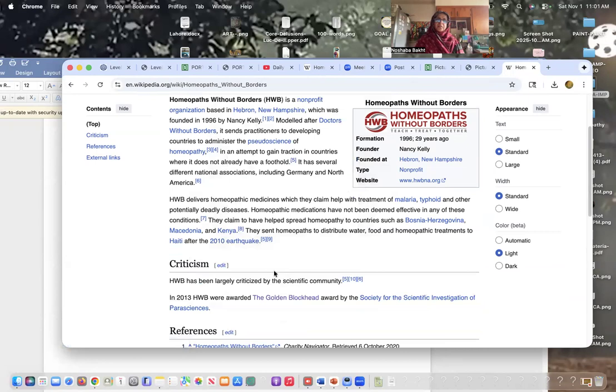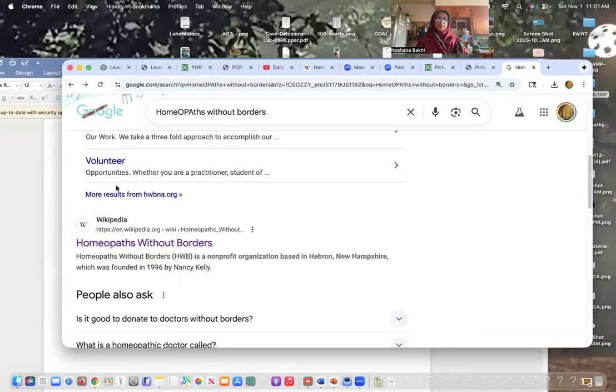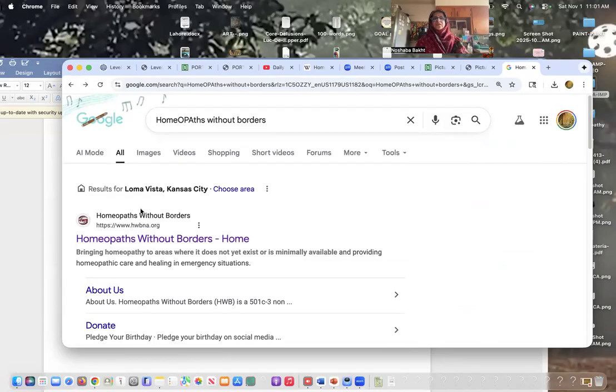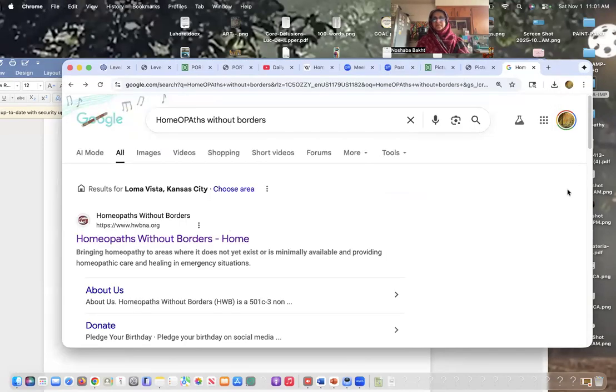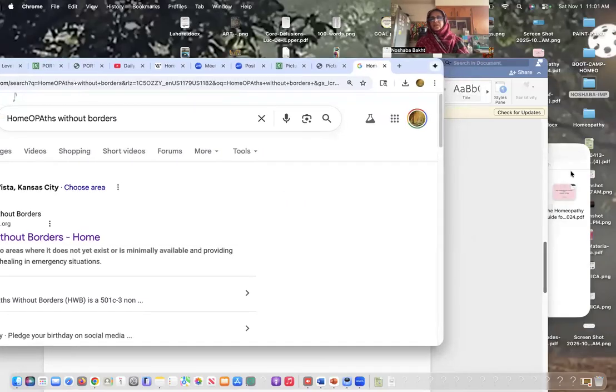But in the criticism, it says they were given the award of Golden Blockhead, a derogatory award meaning these people have their heads blocked, given by a scientific investigation of parasciences. But that's how it goes. This is information; you like it or not is another story. So Homeopaths Without Borders have done some good, and it is documented in different magazines, and I agree with the goodness that they have come up with.